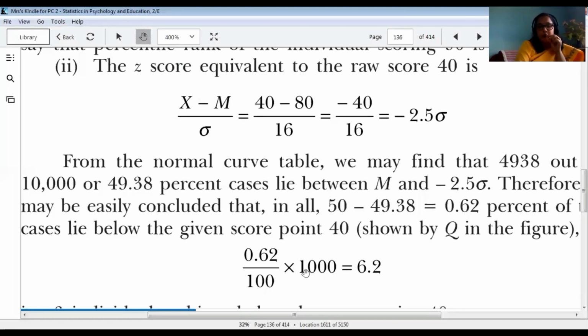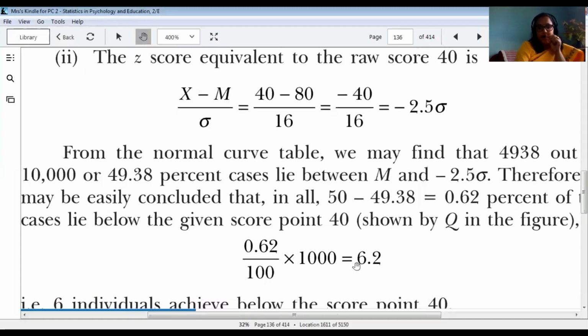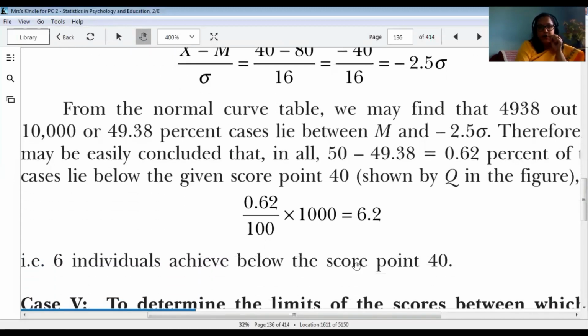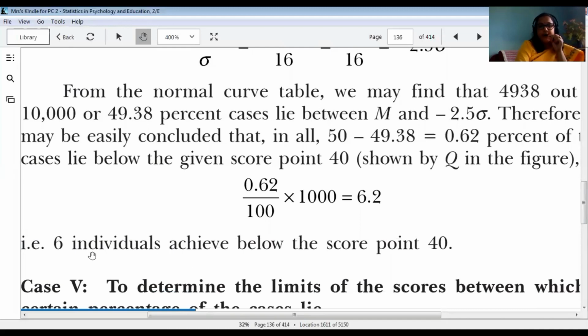Okay, so you should not be confused about this. If the number of individuals is given in your sums, then you can convert the percentage of cases into a round figure or whole number. Here it is done like this. And what we found here is that 6 individuals in whole number achieve below the score point 40.